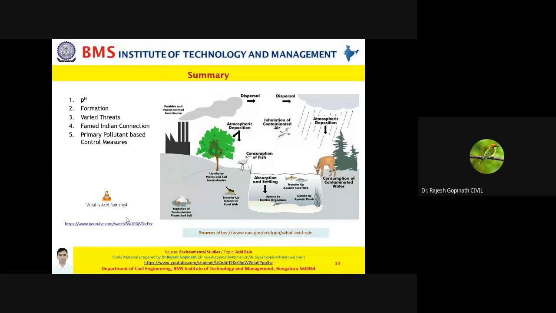So acid rain is a form of environmental pollution which is not only causing ecological damage, it also causes economic damage. Just imagine if you have a house which is getting damaged by acid rain, you need to spend more money on repair and maintenance. Similarly, if a monument like the Taj Mahal is getting damaged, then tourism would be impacted.